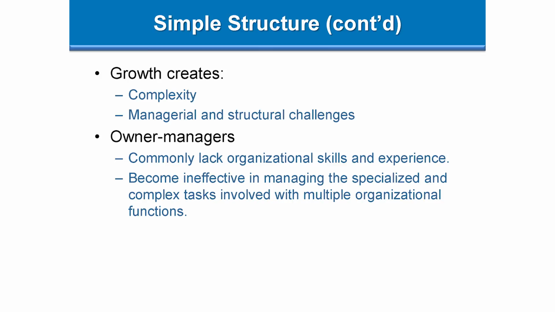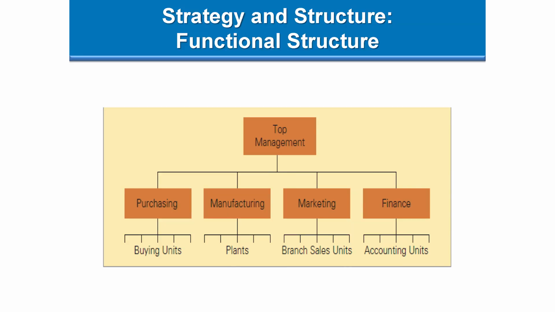If a firm grows, it encounters more managerial complexity and structural challenges, as well as a lack of organizational skill and experience. The next level is the functional structure, which is formed with a top manager or top management team and functional units, as in the example shown in the figure.